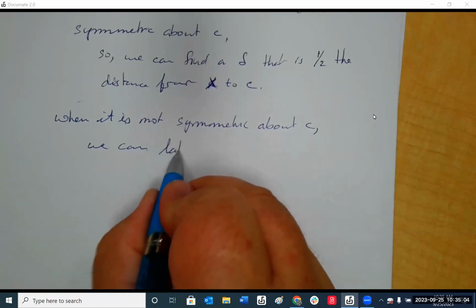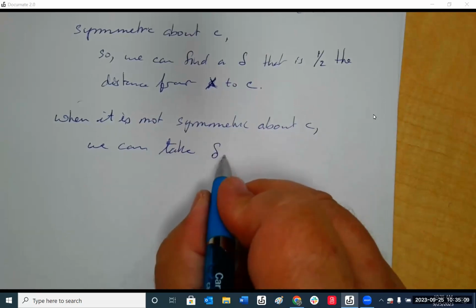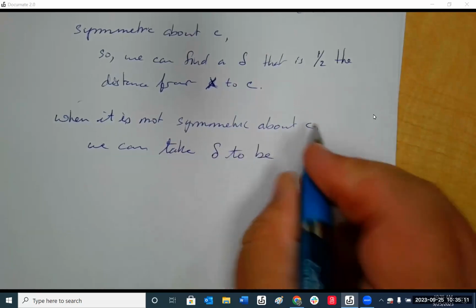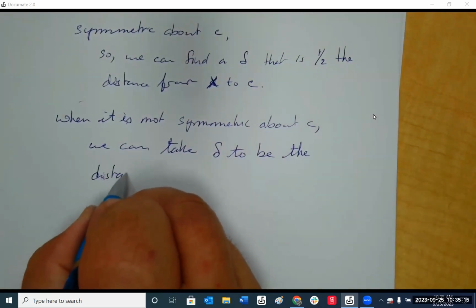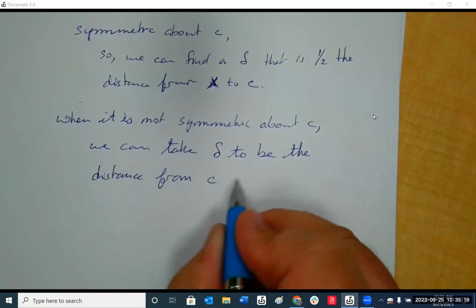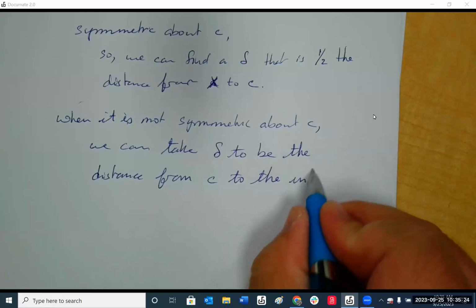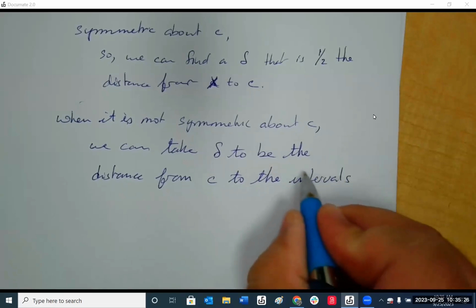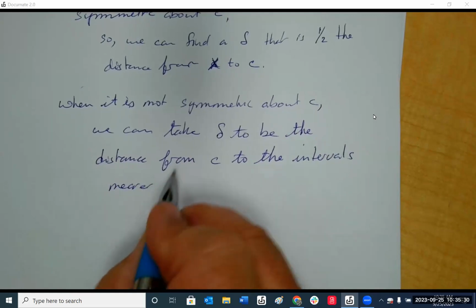We can take delta to be the distance from c to the interval's near endpoint.